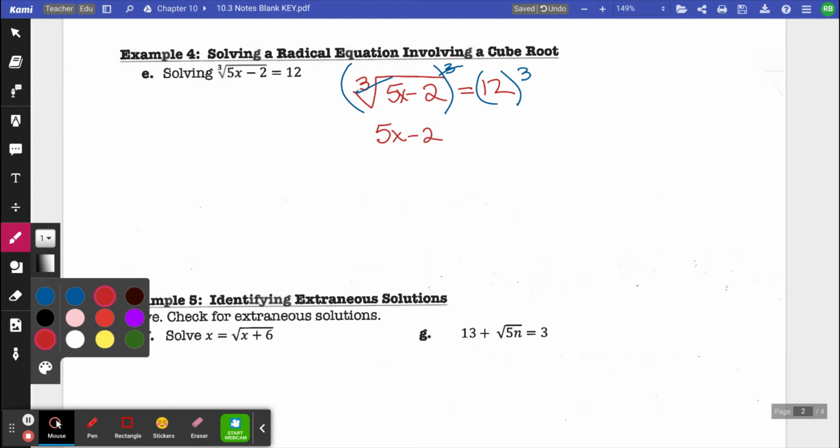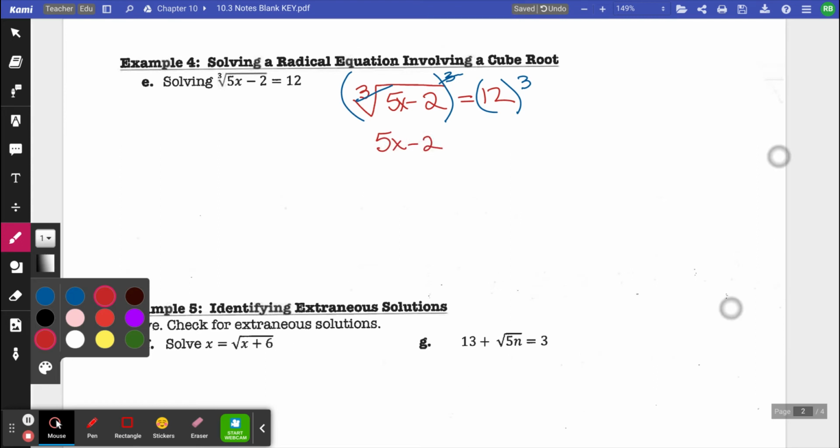And then in your calculator, 12 to the third power. If you don't know how to put 12 to the third power into your calculator, you would type in 12, and then you would find this symbol. It's a caret. It is above the x squared button, and you would put in the caret, and then you'd press 3, and that would give you 12 to the third power, which would equal 1,728.